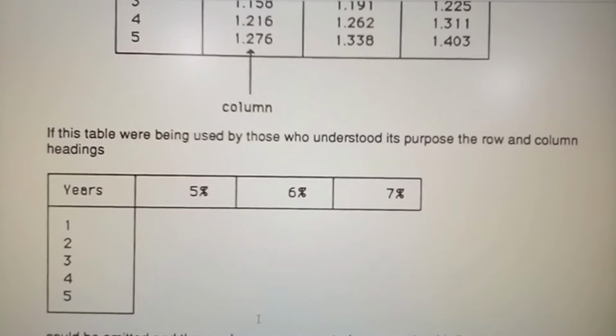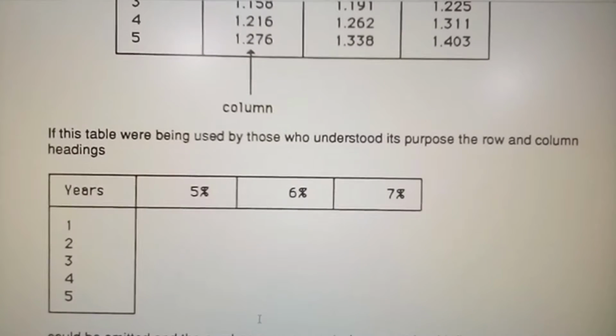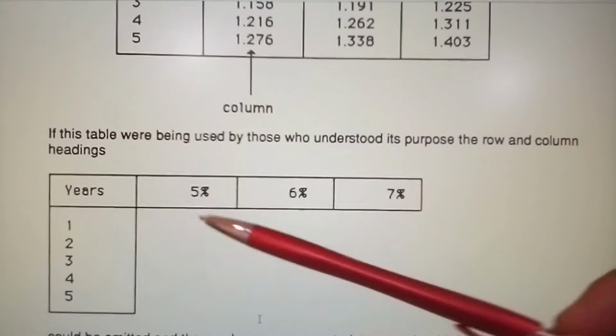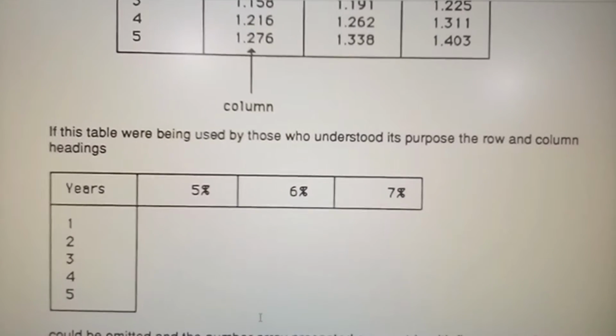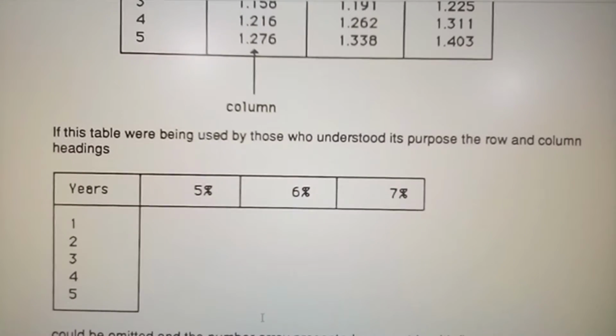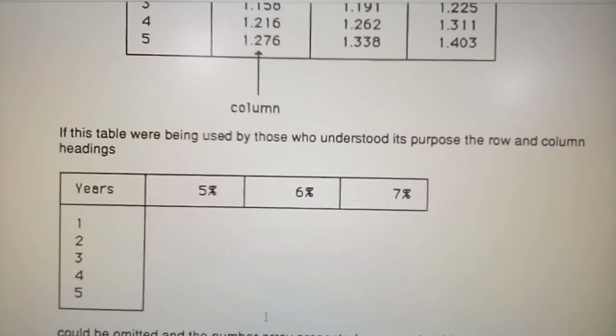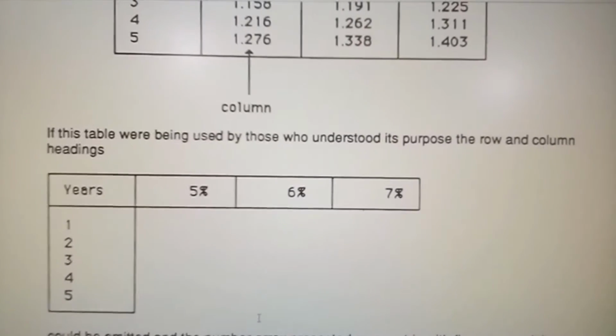If this table were being used by those who understood its purpose, the column headings could be removed and the number array presented as a matrix with 5 rows and 3 columns. Therefore, it would be a 5 by 3 matrix.